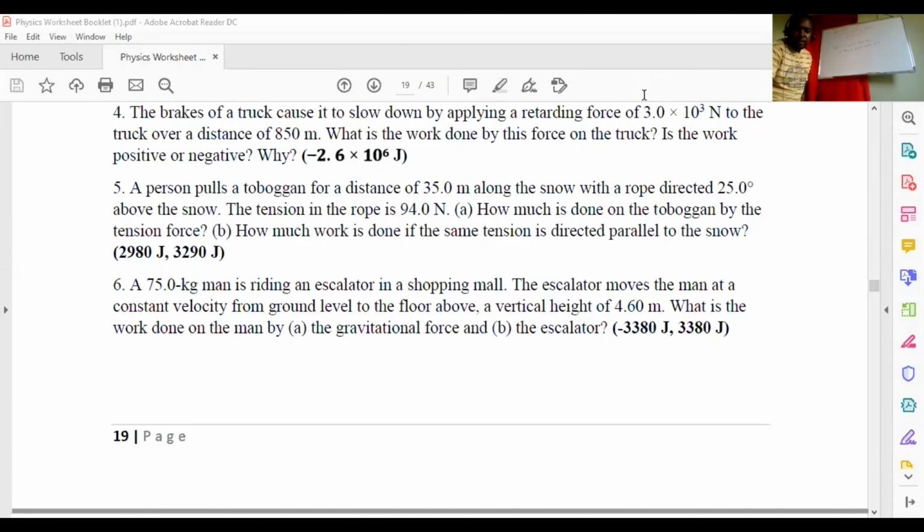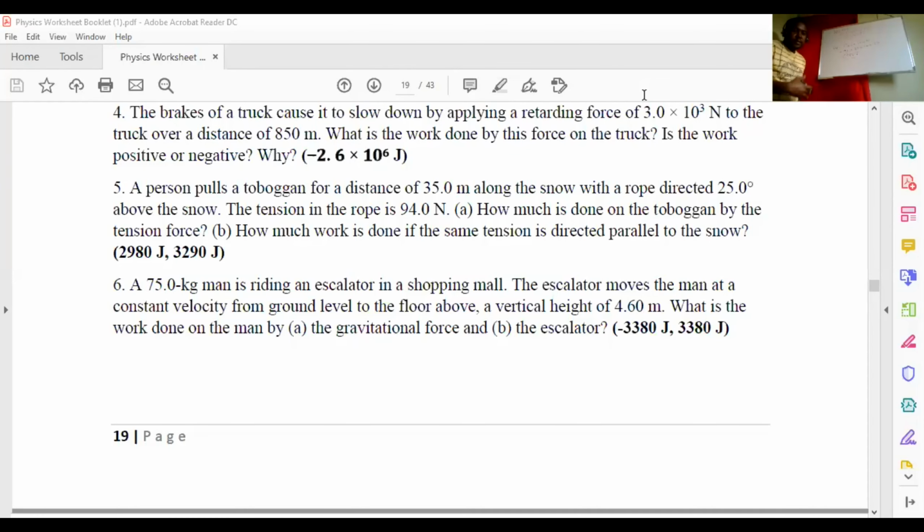Because there is an angle between the force and the direction in which it moved, we need to add this section to the formula. When we do that, we get 2980 joules, the work done at a 25 degree angle.